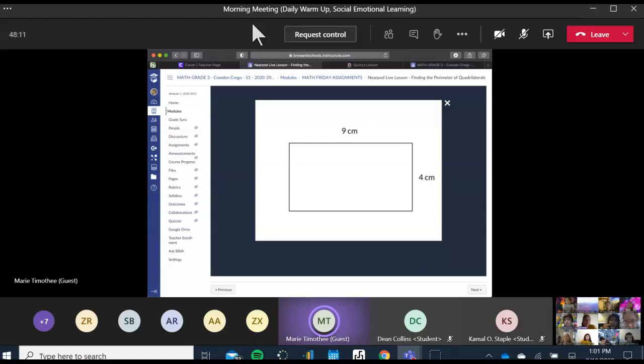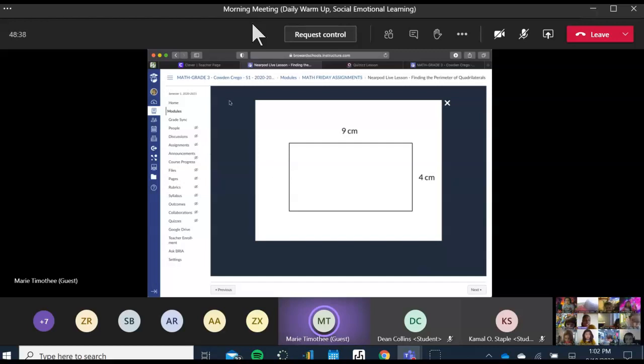Remember, we're not only adding 1 or 2 sides, we're adding all 4 sides. Since they already gave us 9 centimeters for this side, we know that this side would also be 9 centimeters. And since they already gave us 4 centimeters here and it's equal to this side, we already know that this was 4 centimeters.